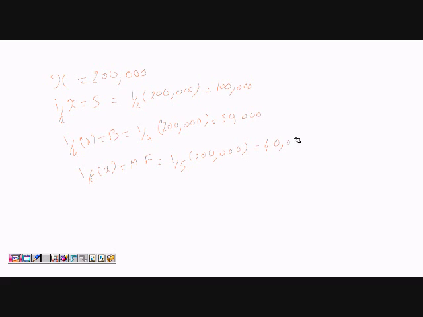And the remaining $10,000 is invested in government certificates. If you add $100,000, $50,000, $40,000, and $10,000, it adds up to $200,000, which it does. So the amount of money invested in the trust fund is $200,000.